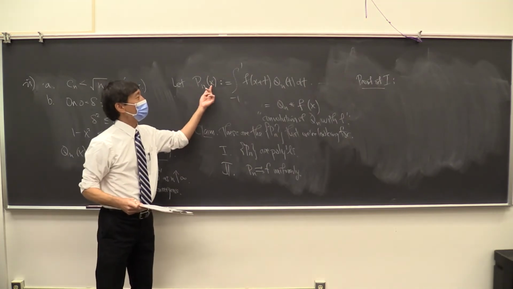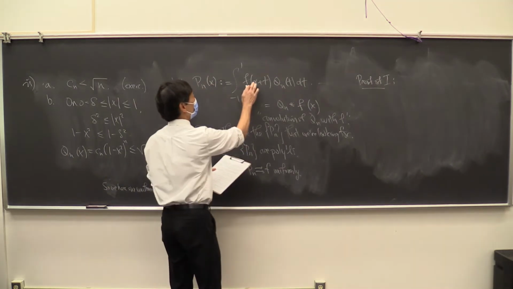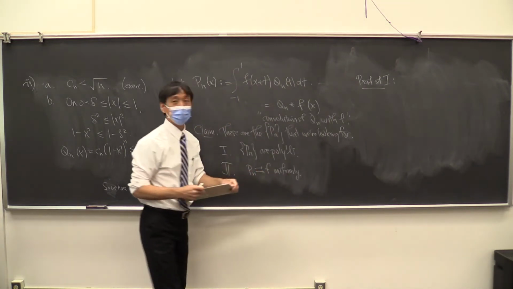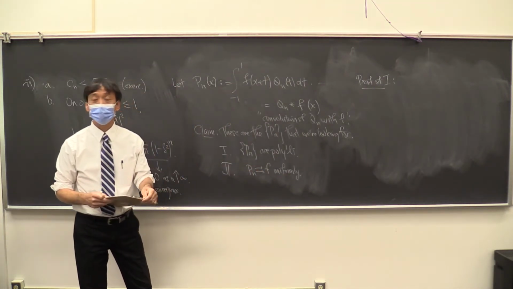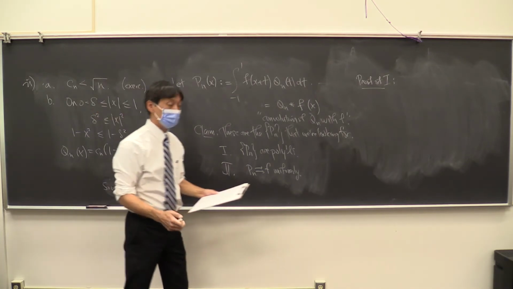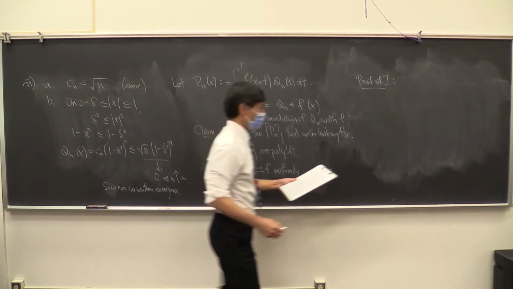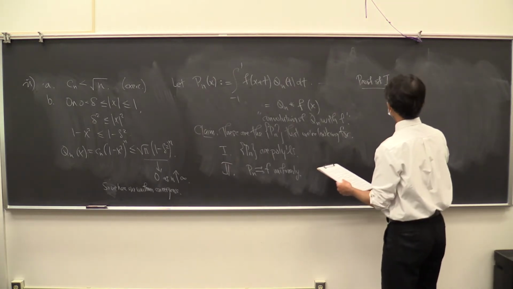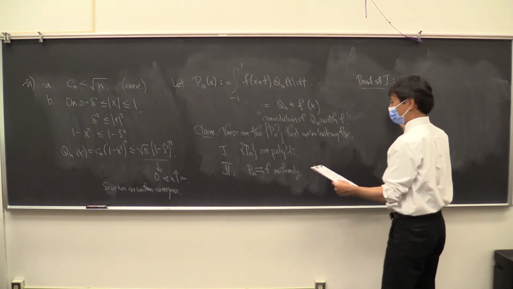So the polynomial at point x is defined to be the integral of f at x plus t against q_n of t, dt. Okay. So let's see why that's true. It's pretty straightforward.